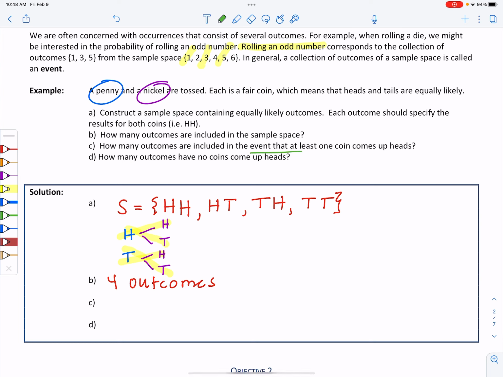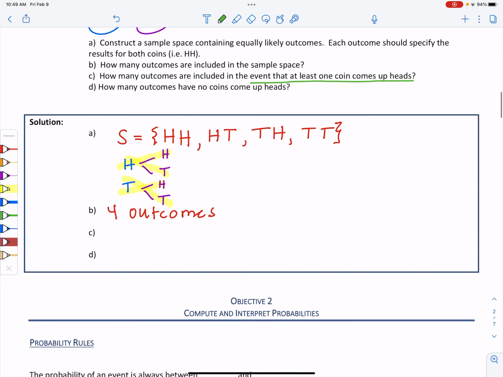Now, if we want to look at particular events, for example, the event that at least one coin is heads. All right, at least one means one or more comes up heads. So the outcomes that would be included there would be anything that has at least one H in it, right? It could have one H in it, it could have 2 H's in it. So the outcomes included would be both heads, or either case where one coin is heads.